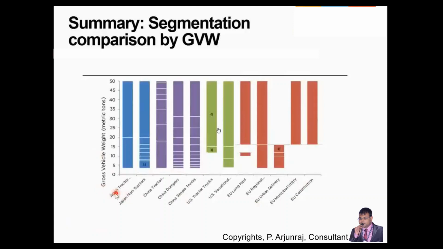You can see different countries having different vehicle applications. They follow different gross vehicle weights. Okay, you can see ranging between 5 to 50 tons. And it also varies depending upon the country usages and also the purpose for which the vehicle has been used basically.